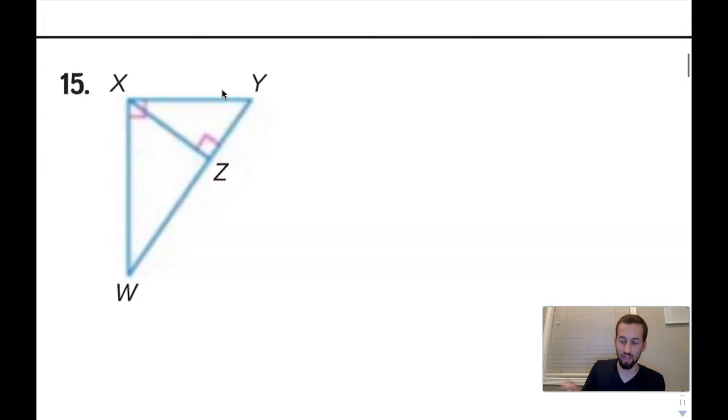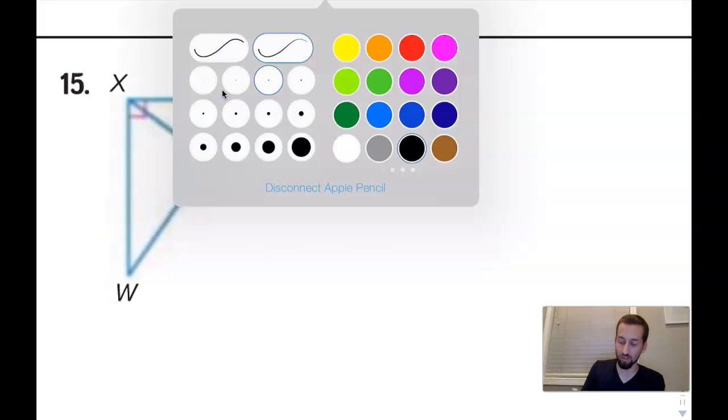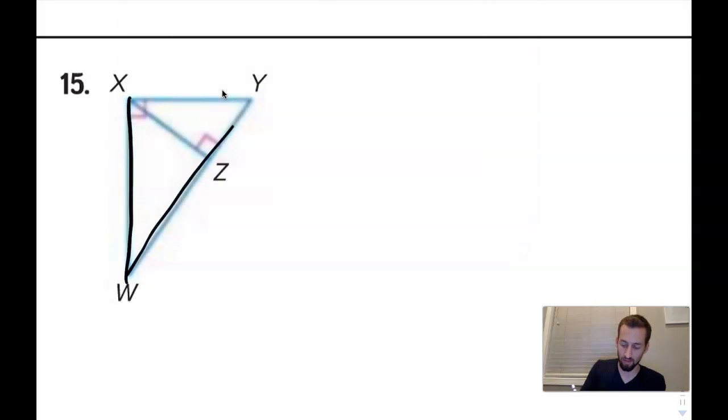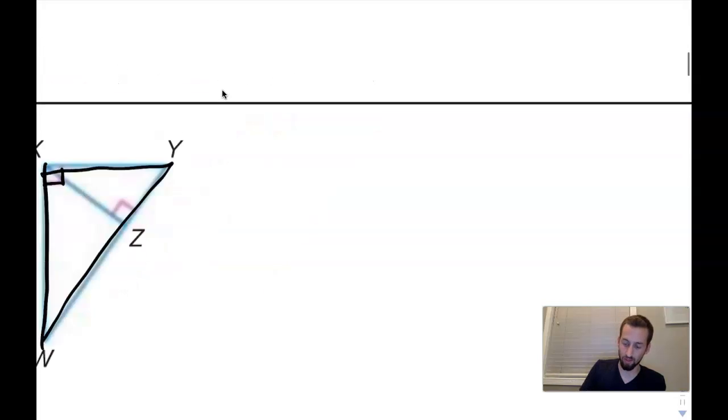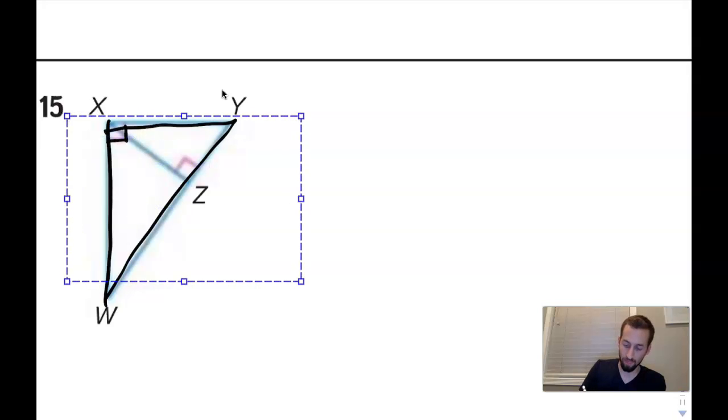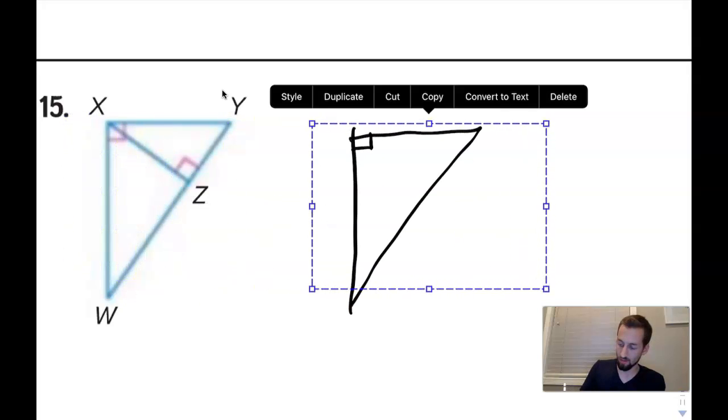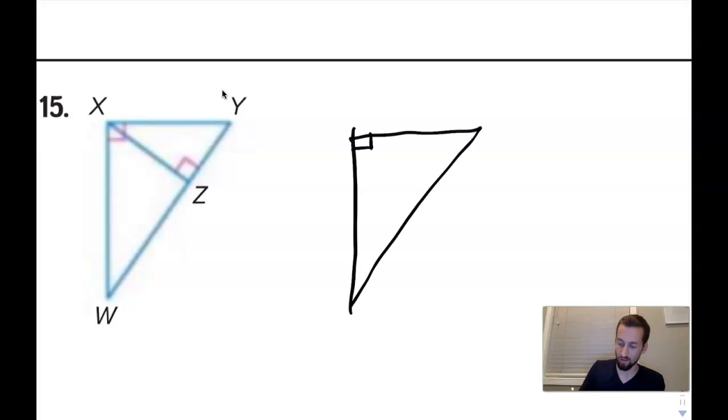Number 15, they asked you to write out the triangles and write a similarity statement. So I'm going to take this guy here, and we're going to move him. If I can get this to work out. That one's going to look like that.